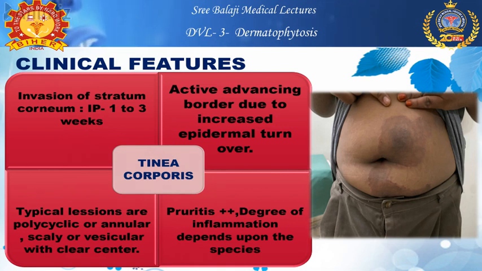But the fungus will start spreading outside. Initially the patient has a small lesion. After applying the steroid combination treatment, the itching comes down, but the lesions start expanding and develop a ring within a ring appearance, and atrophy, telangiectasia, and other side effects of steroids can also be seen in patients who have applied topical corticosteroid.